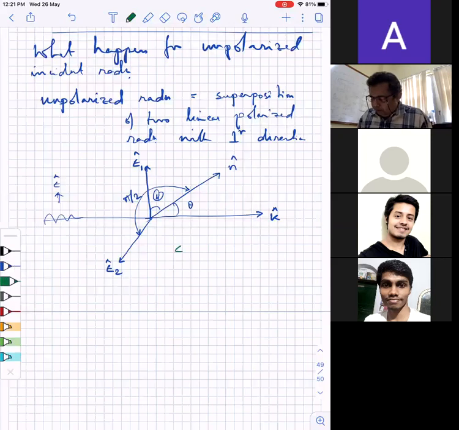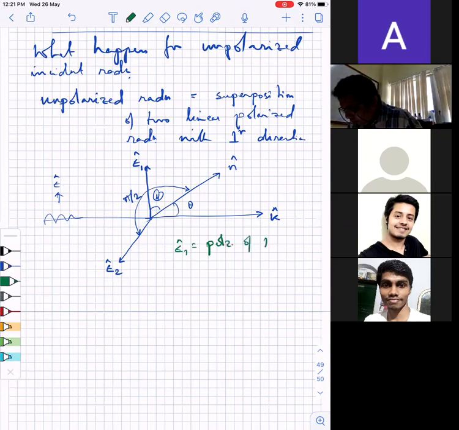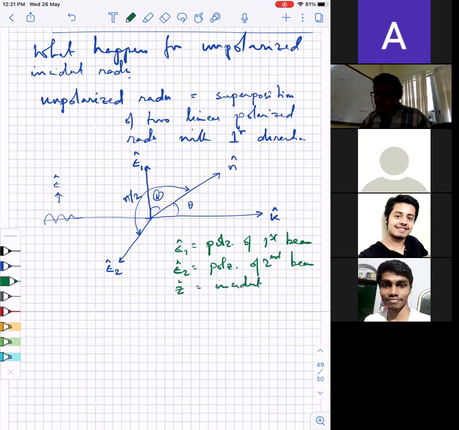So epsilon 1 is the polarization of the first beam, epsilon 2 is the polarization of the second beam, k cap is the incident direction, and n cap is the outgoing, scattered direction.